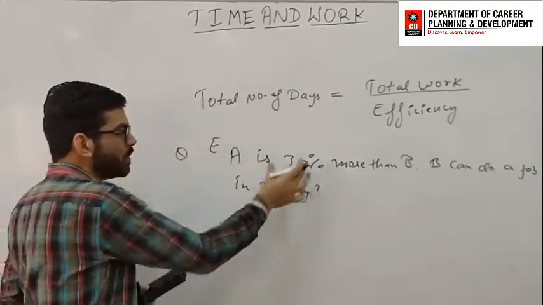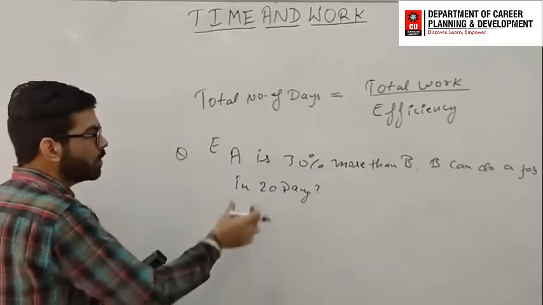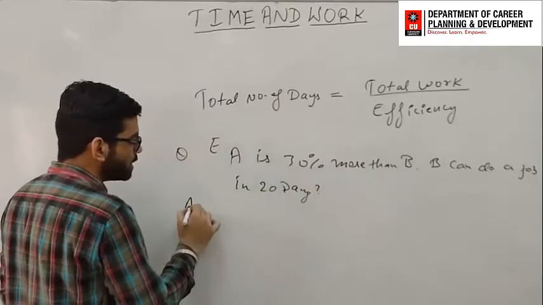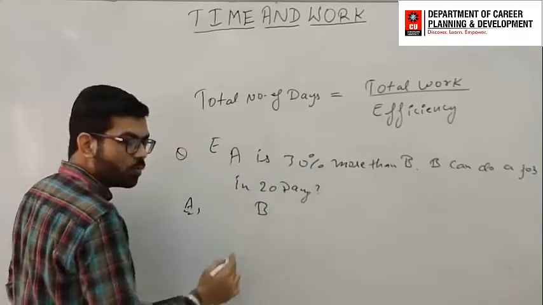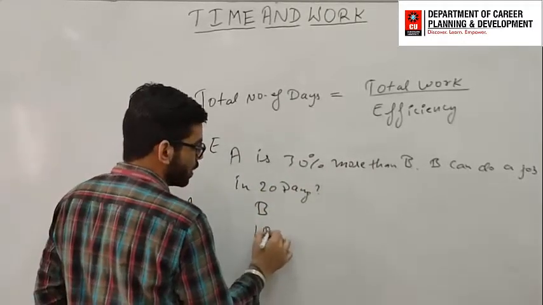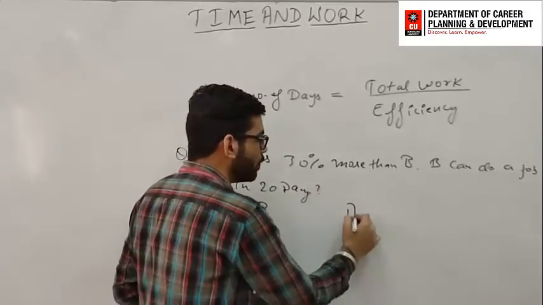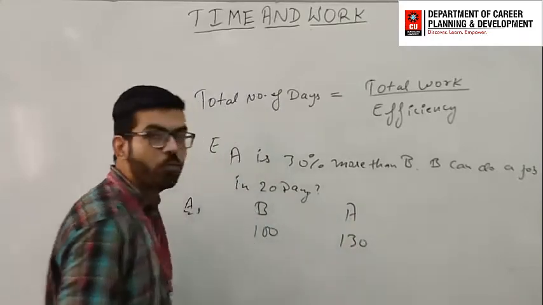In this percentage type of question, let's assume the efficiency of B is 100. Then the efficiency of A comes out to be 130.